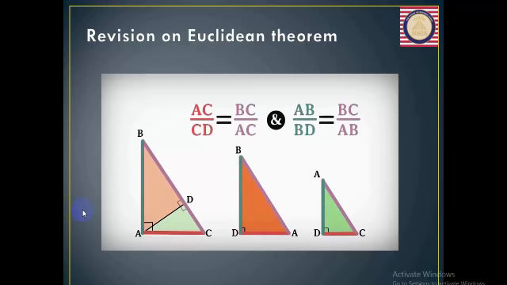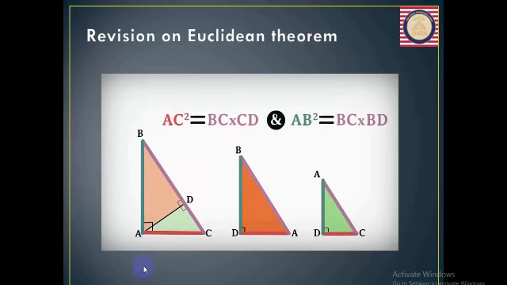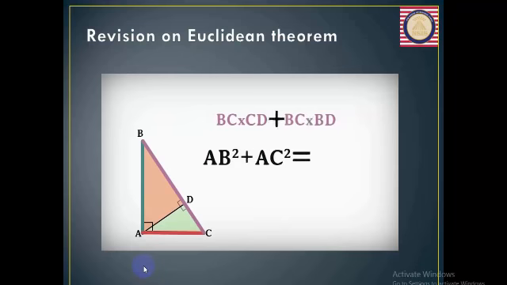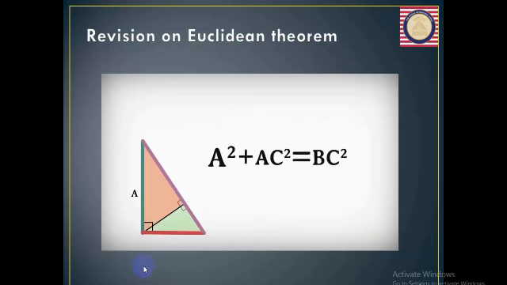Next, rearrange the terms. And finally, add the two equations together and simplify to get ab squared plus ac squared equals bc squared, or a squared plus b squared equals c squared.